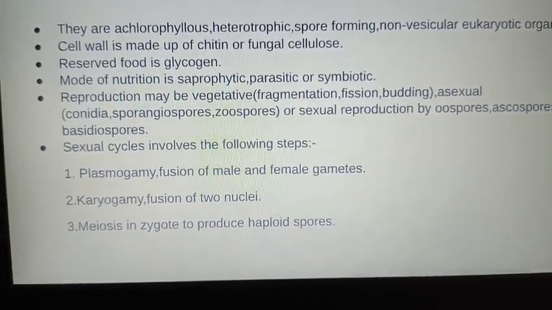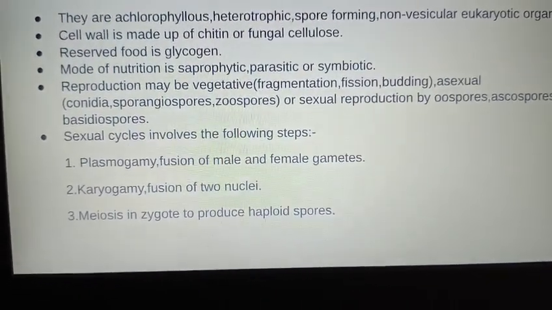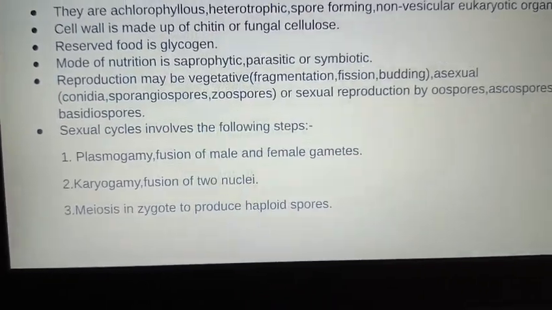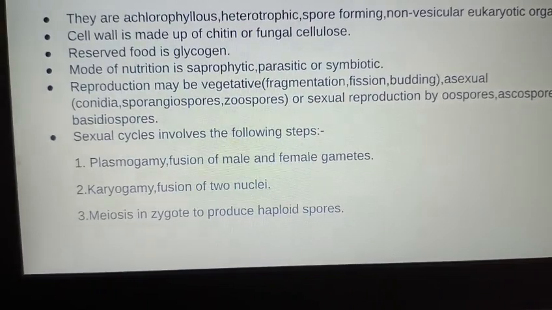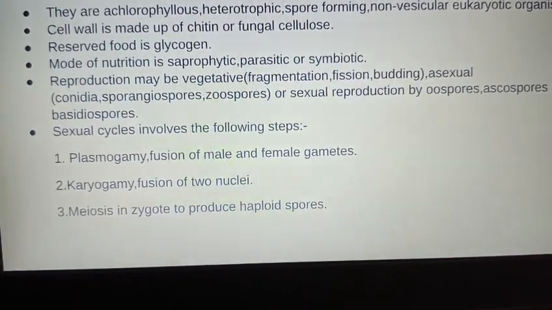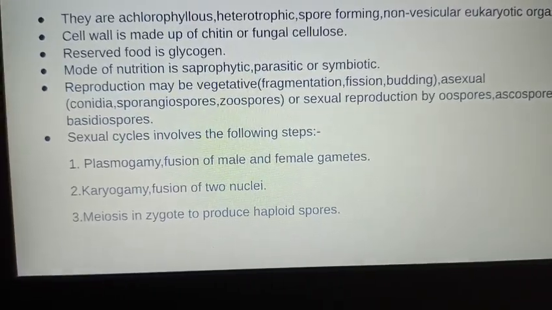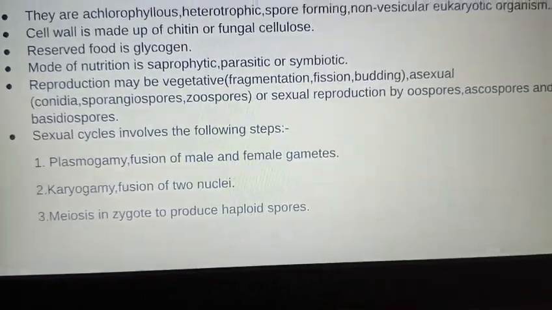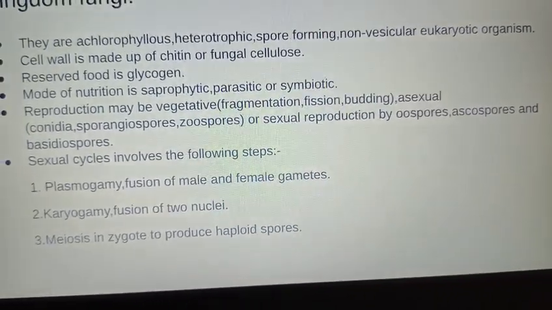Reproduction may be vegetative, like fragmentation, fission or budding. Asexual means without the fusion of two gametes, performed by conidia, sporangiospores, zoospores, or sexual reproduction by oospores, ascospores and basidiospores.